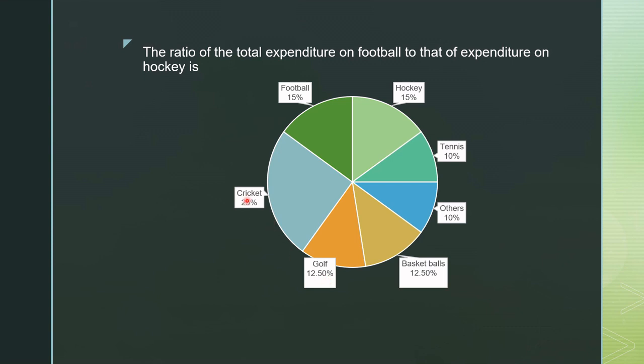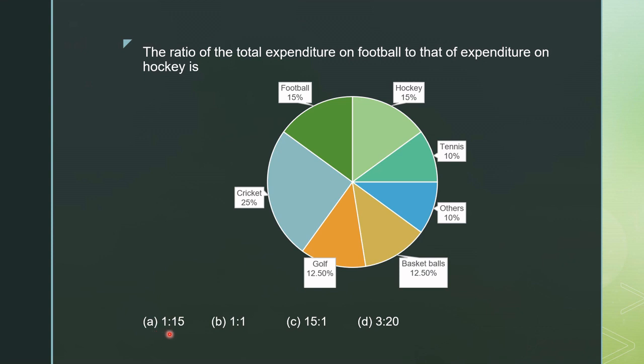Okay, so we have to calculate the ratio of the total expenditure on football to that of the expenditure on hockey. Football expenditure is 15% and the hockey expenditure is also 15%. So these are the options.